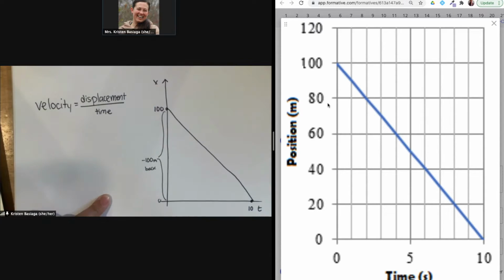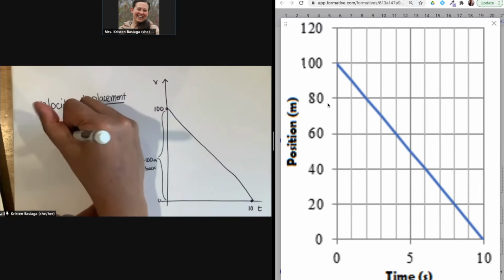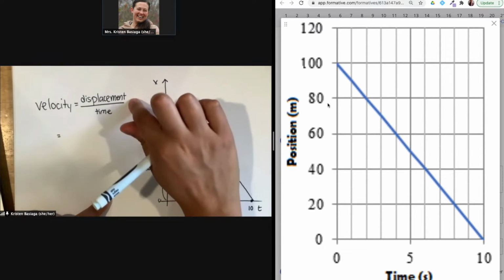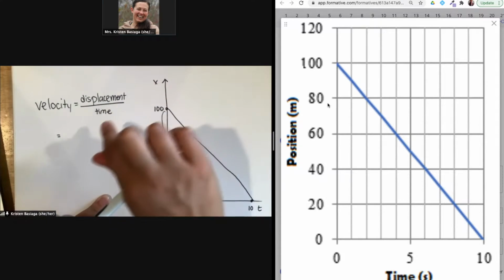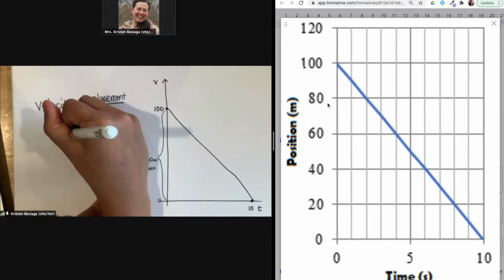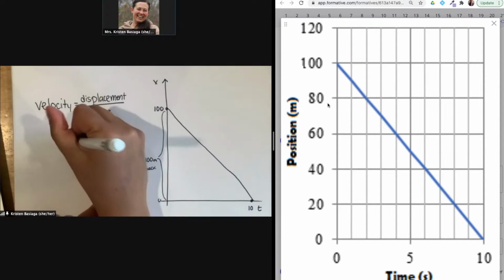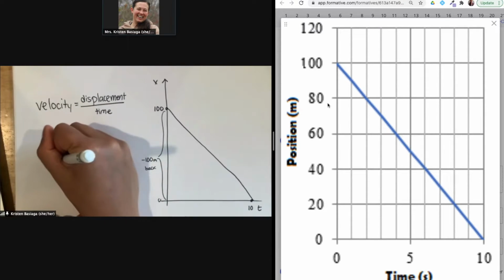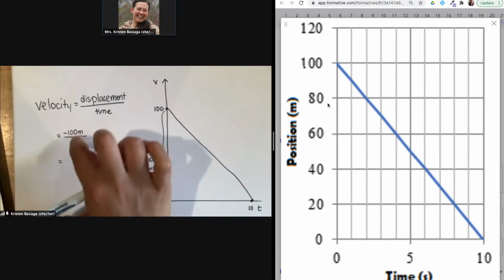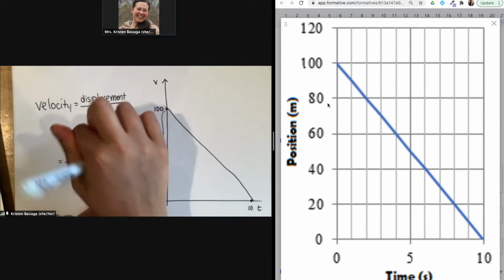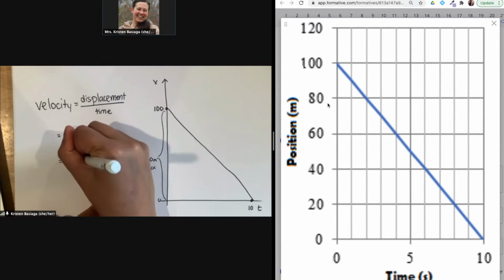And it does so in an elapsed time of 10 seconds. So first I'm writing down the equation for velocity. Then I would write that displacement is negative 100. The time is 10 seconds. So the velocity is negative 10 meters per second.